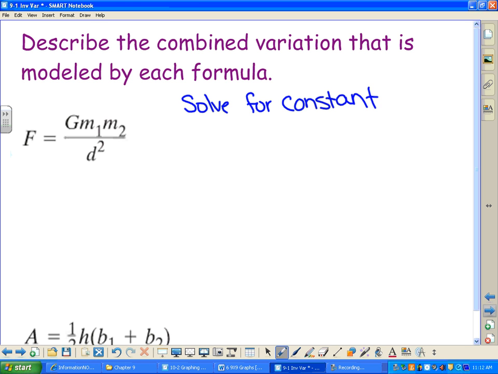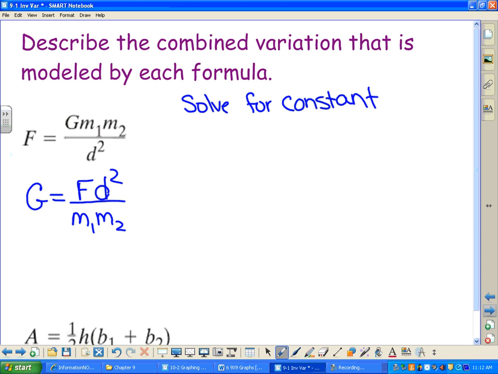Gravity is the constant. Okay. Now, a lot of times I think you'll be able to tell the constant, but in this case, it's gravity. So could you make this G equals? What would you have to do to get this G equals? Okay. So we're going to say F times D squared divided by M1, M2. You agree with that?